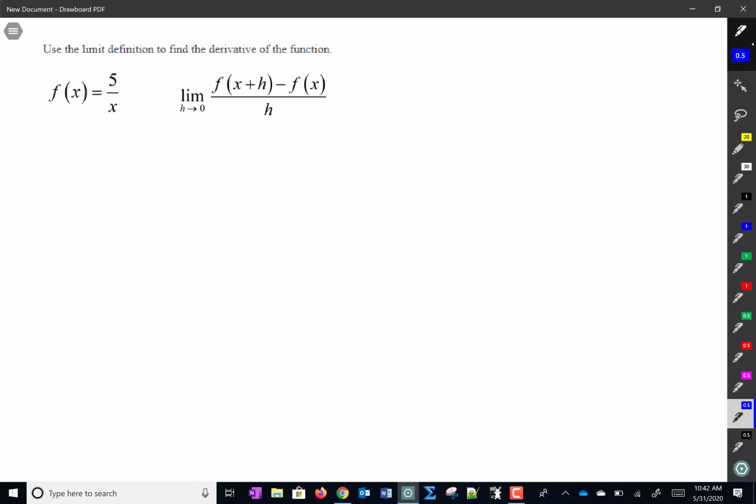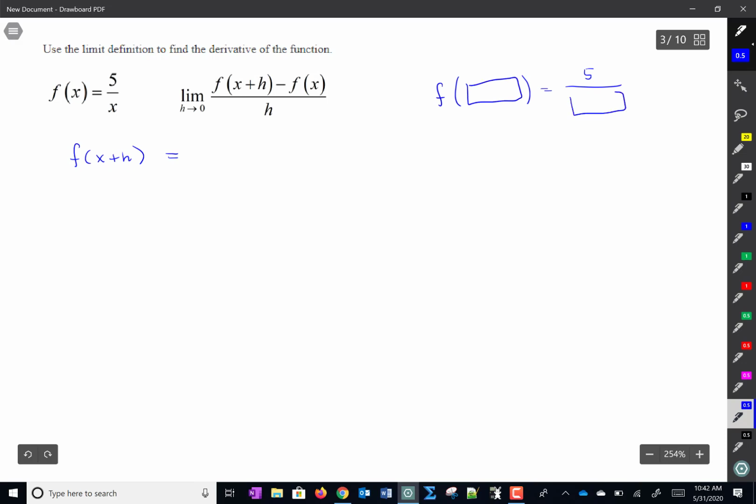what I need to evaluate is f of x plus h. That's a great place to begin. So if I just take my function f of x, think of whatever I put in parentheses as an empty box. So I just replace all my x's with an empty box.